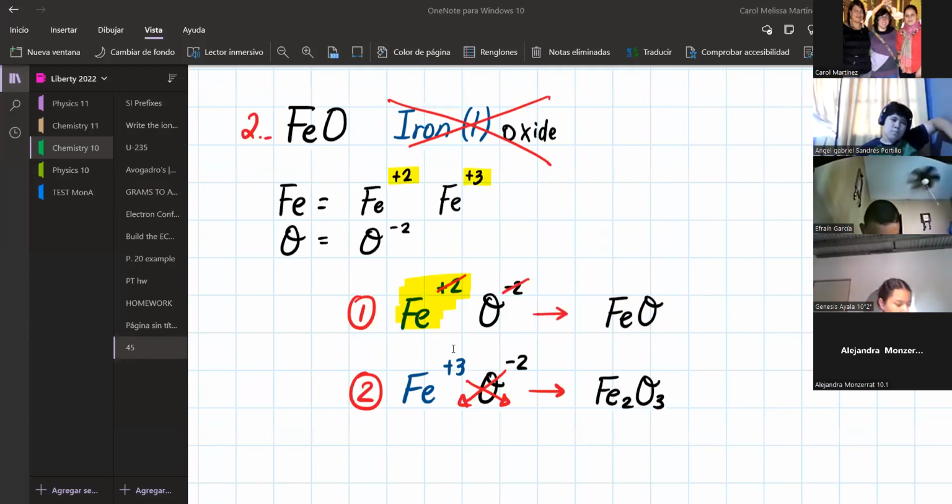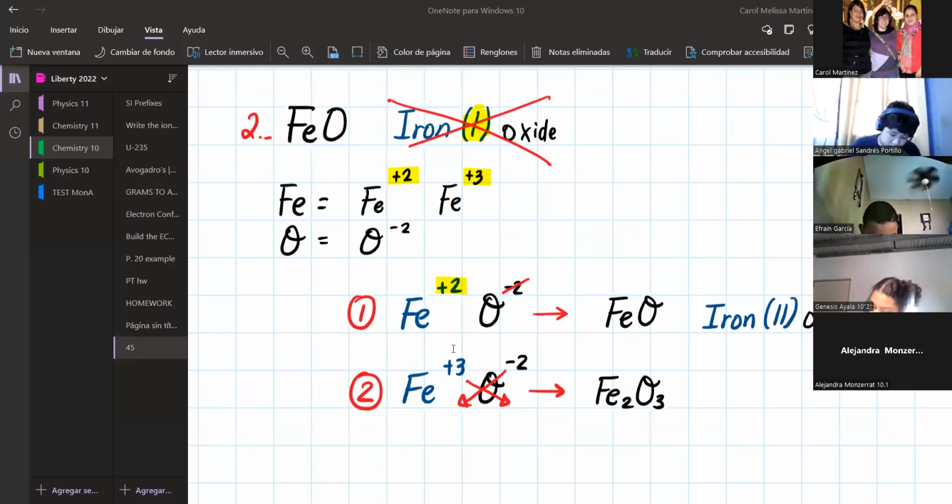Only +2 or +3. Iron 1 does not exist. And with this, you can actually see what is the iron that we are using. The charge of this iron is +2. Therefore, the name for this compound should be iron 2, and then oxide.